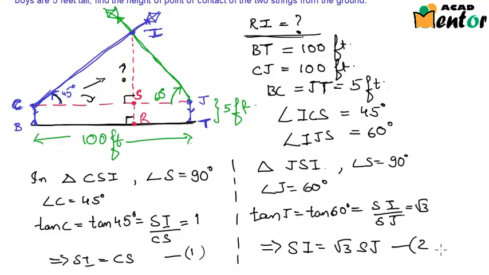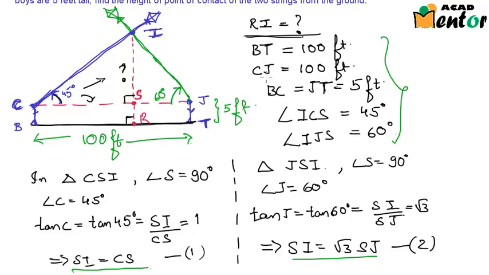This is equation 2. Now we have these two equations which relate SI to CS and SJ. Now, do we have any other relationship where we can find out the values of CS, SJ or SI? Let's look at what was given to us. So, these things were given to us.